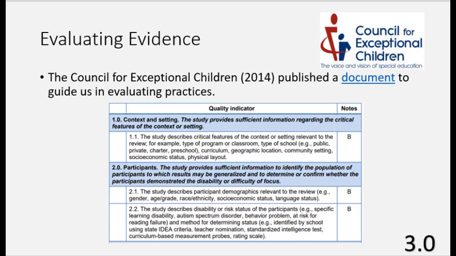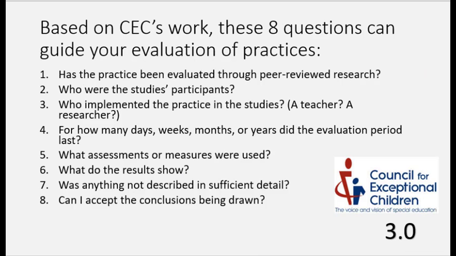The CEC document outlines 8 broad areas: context, setting, participants, interventionist, description of practice, fidelity of implementation, internal validity, outcome measures, data analysis. To condense the ideas purveyed in the CEC document, this slide offers a set of 8 guiding questions. The answers to these questions can help you determine whether to accept evidence or reject it.